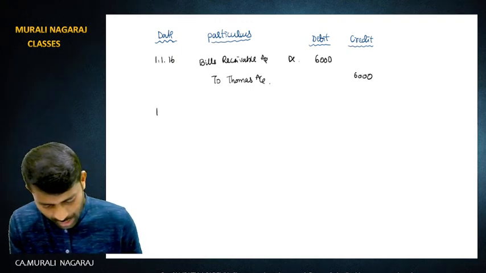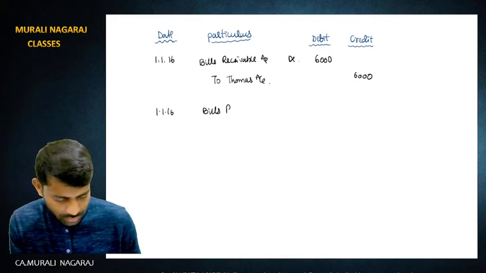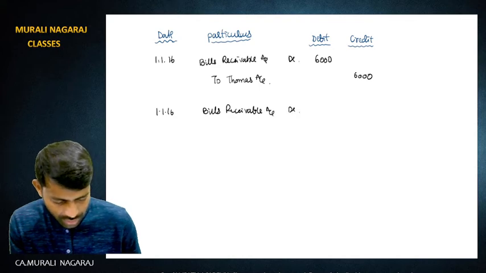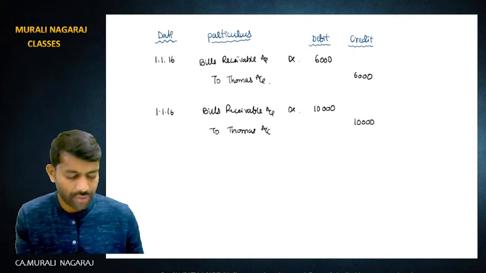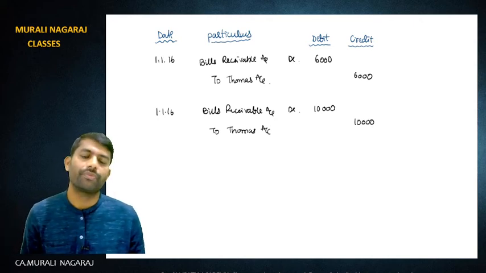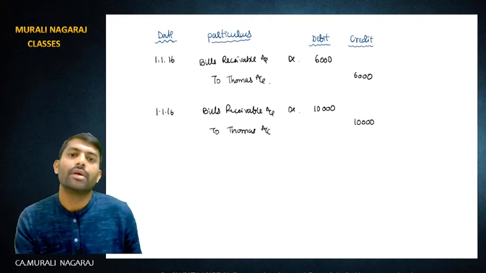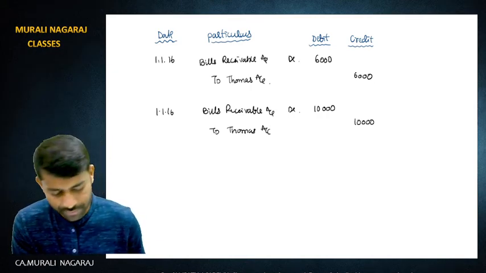On the same day again, the second bill: bills receivable account debit to Thomas account, 10,000. For the first bill the narration is Thomas accepted the bill for 2 months. For the second, Thomas accepted the bill for 10,000 for 3 months.